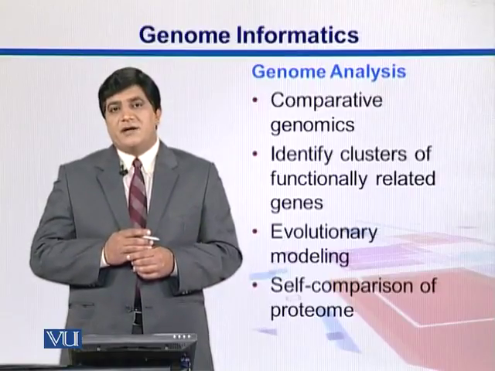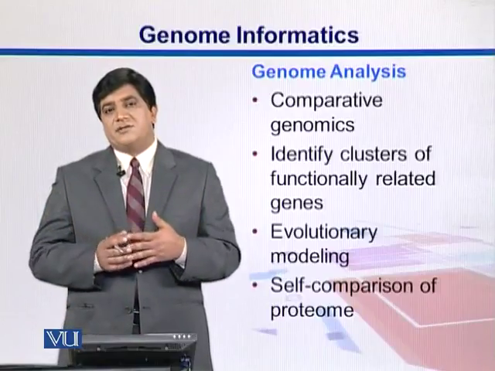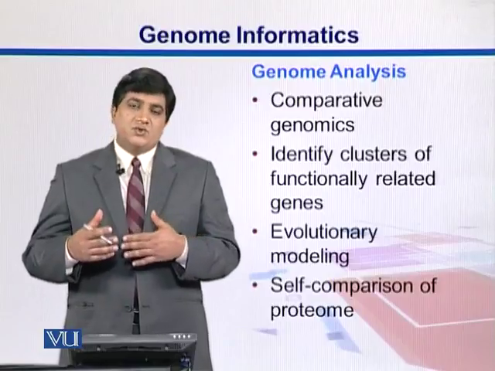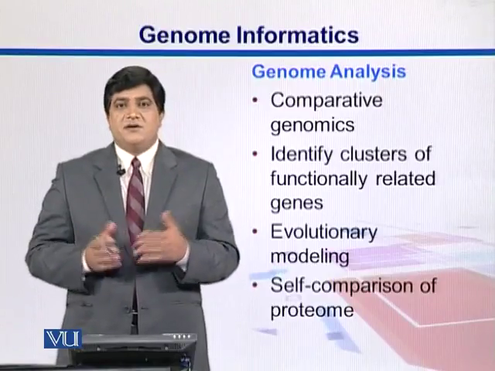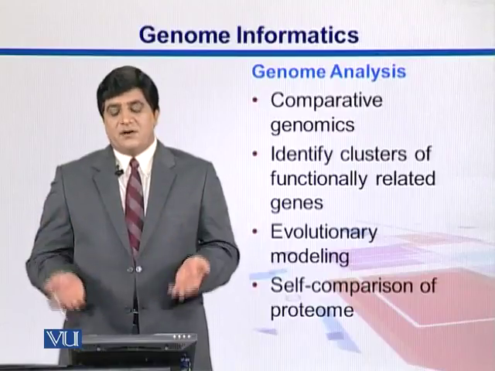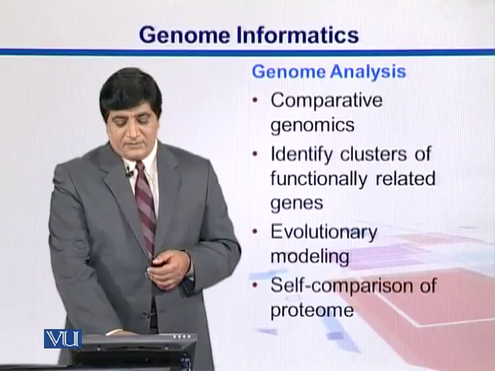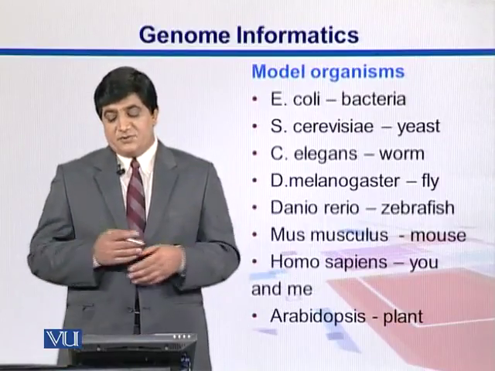In order to do that, we do self-comparison of the proteome. The proteome is the collection of the proteins which are derived from those genomes, so the whole collection of one organism's proteins can be called its proteome. We can compare it with itself, and then we can find those sequences which are duplicated in it.